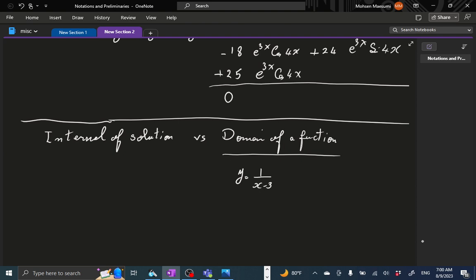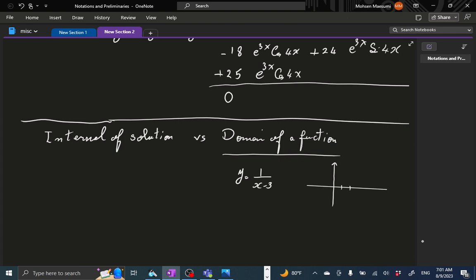You all know that something odd happens in the graph of this function. What's odd about it? At x equal to 3, you're dividing by 0, so the function explodes.